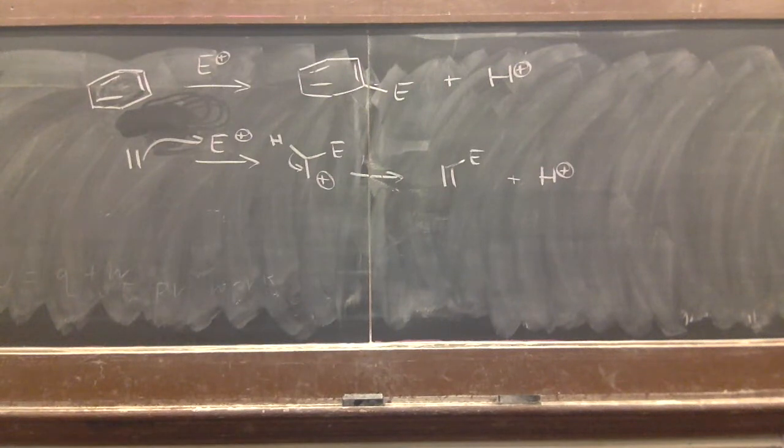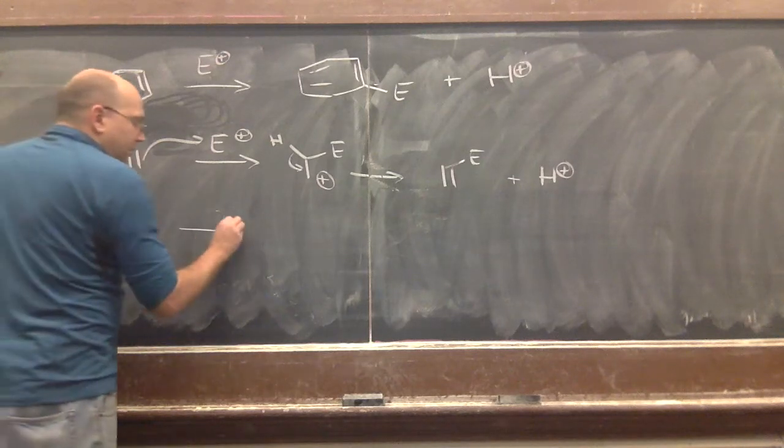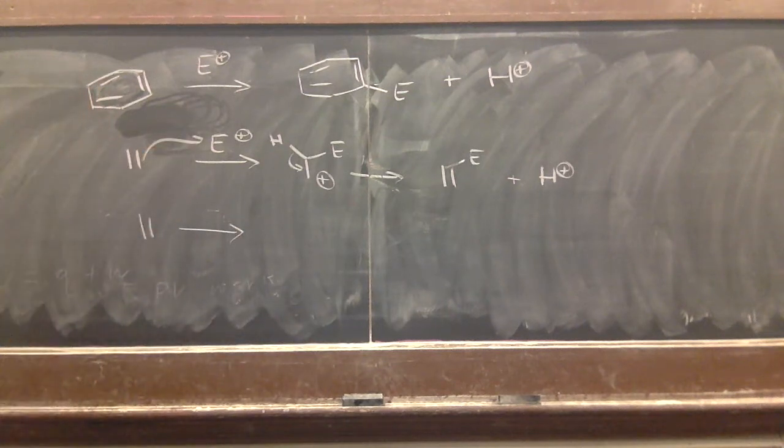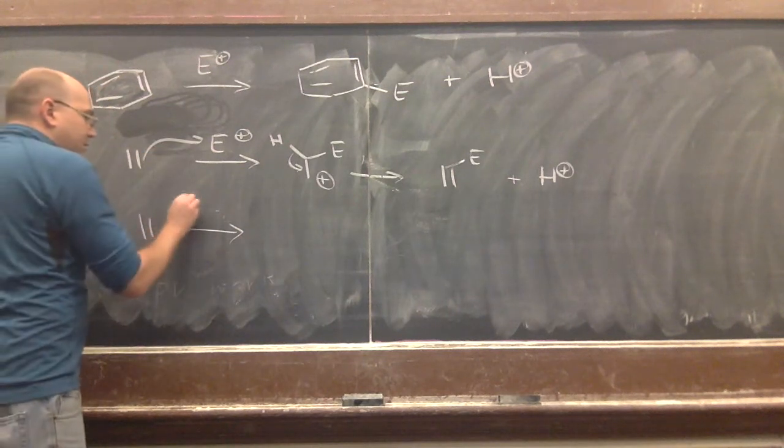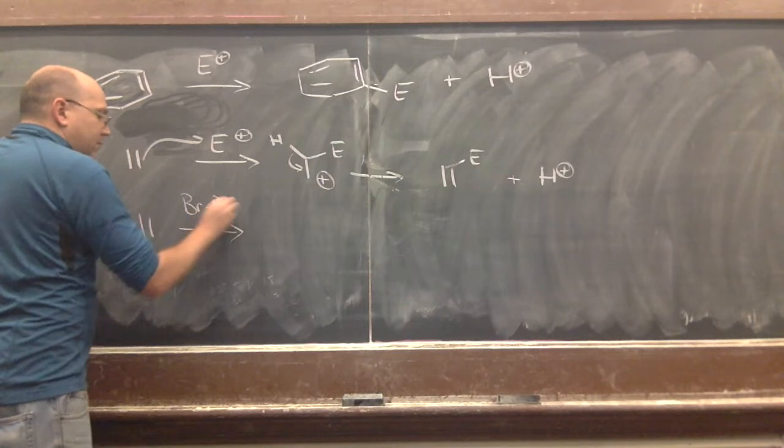The reason I'm showing you this in analogy to alkenes is that we don't necessarily see that subsequent elimination in alkenes, but we certainly do see alkenes reacting as nucleophiles and reacting with electrophiles a lot. One of the classic examples, one of the earliest we learned, would be bromine.